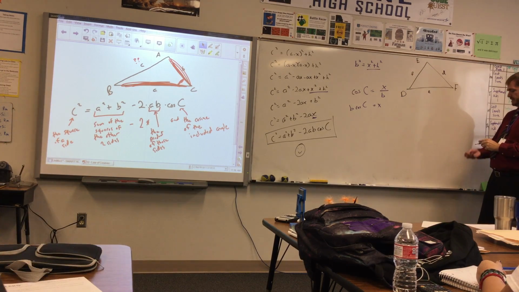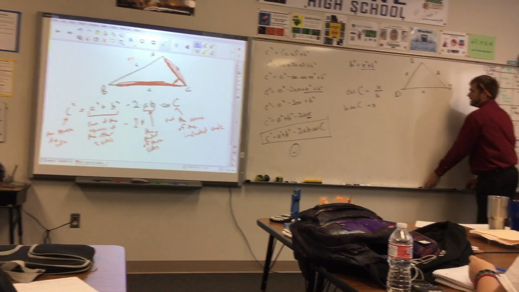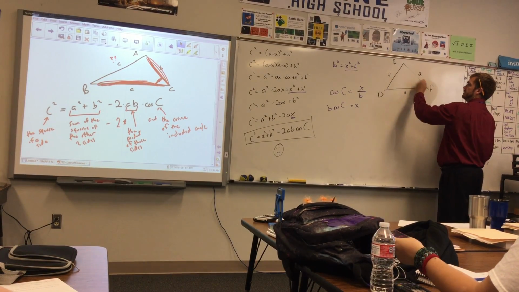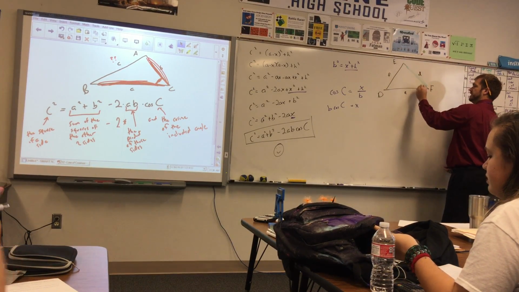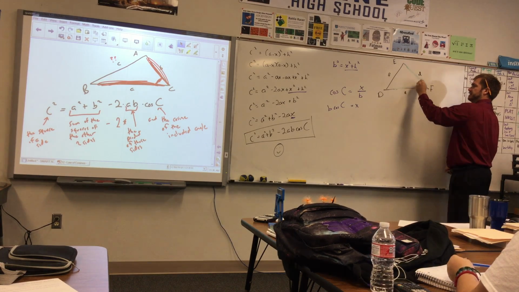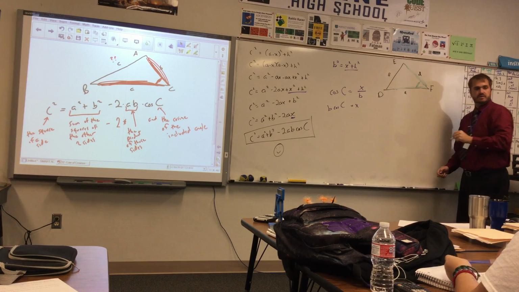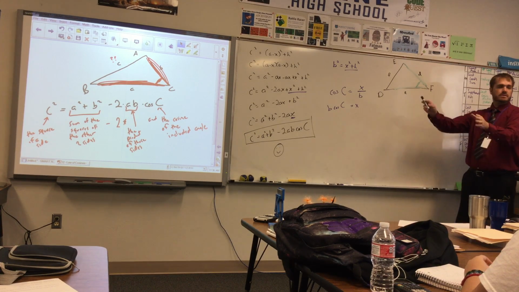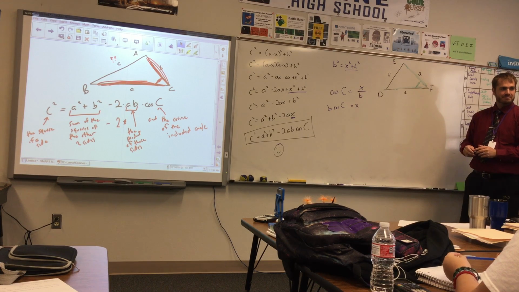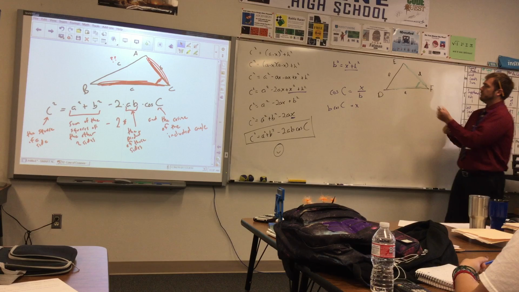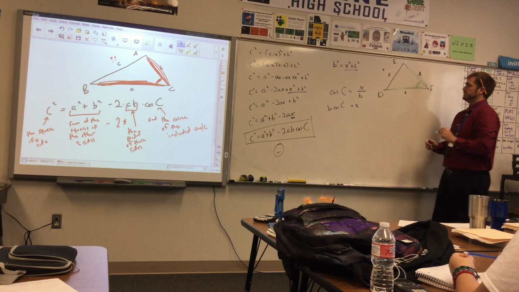I'm going to give you this side and this side and that angle, and we're going to write down the law of cosines. So I'm giving you this one, and this one, and we don't know that one.